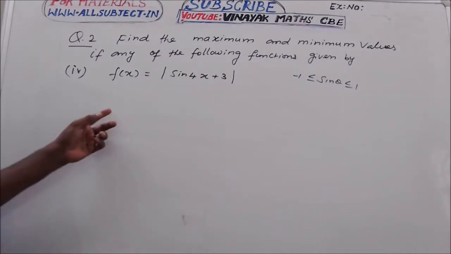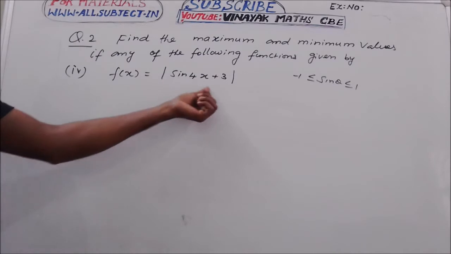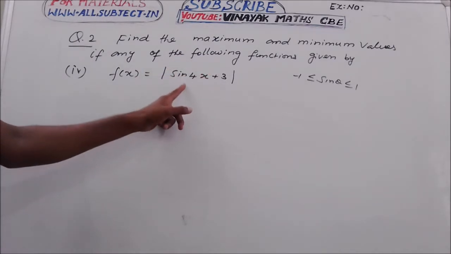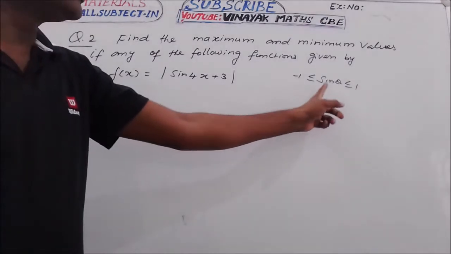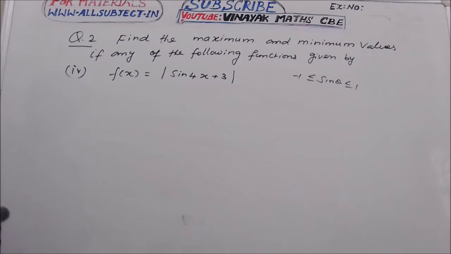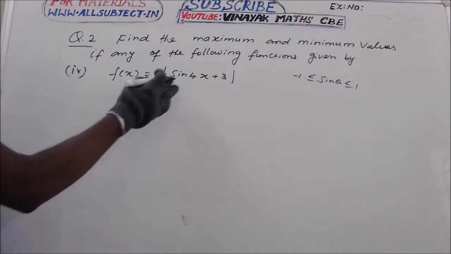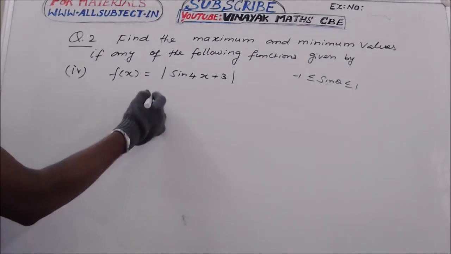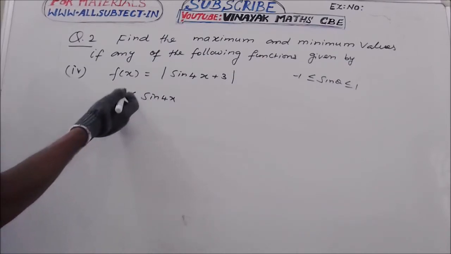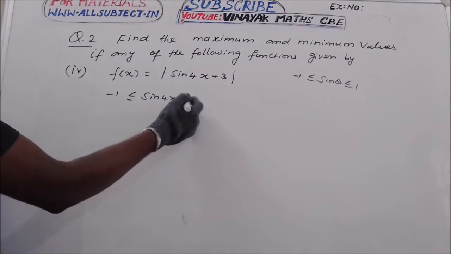Subdivision number 4, f of x is equal to modulus of sin 4x plus 3 is given. Here also we have a function sin 4x. Usually sin theta is greater than or equal to minus 1, less than or equal to plus 1. So sin 4x is greater than or equal to minus 1, less than or equal to plus 1.